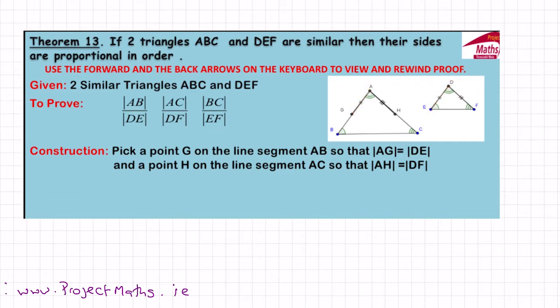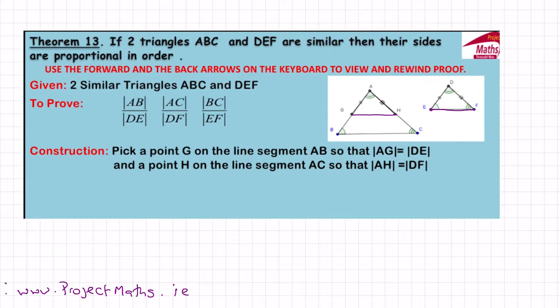And in the same way, you pick a point H on this side AC so that the distance AH completely matches DF. And if you do that, then when you join G to H, like I've done there, that's going to be the exact same distance as EF.